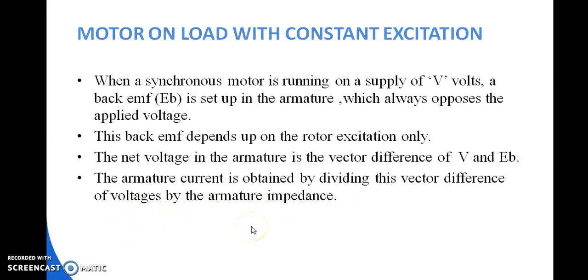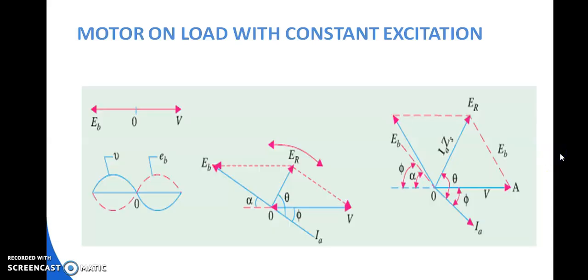So, the motor armature current equals the voltage difference divided by the armature impedance. Here we can see the phasor diagrams. This is EB, this is V, and for three different cases we will see the positions.